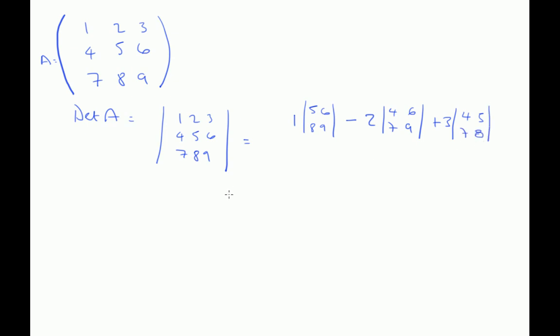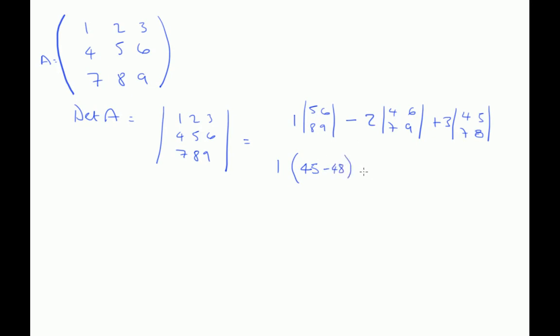So to work that out, we have 1 times, if you remember, it's this diagonal, so 5 9s are 45, 6 8s are 48.